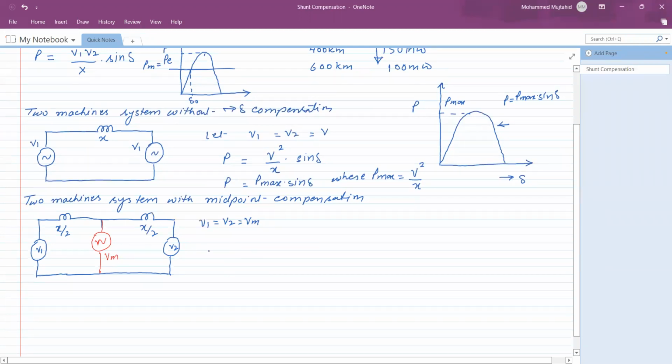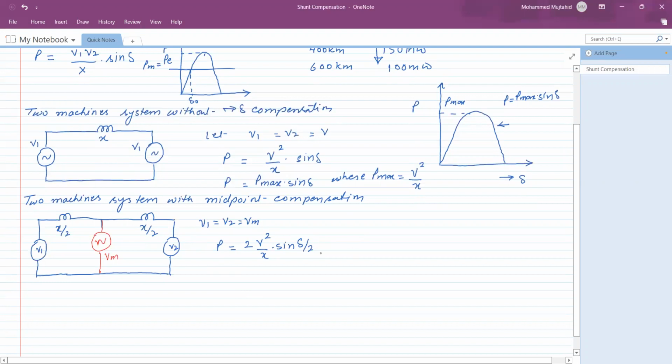I'm not going to discuss the entire derivation. I will just write. In this case, the power P is equal to twice V square upon X into sine delta by 2.